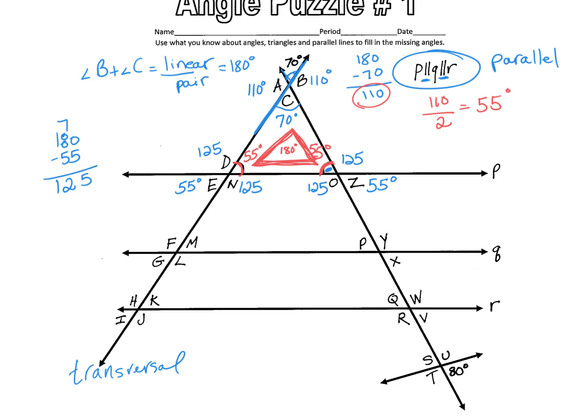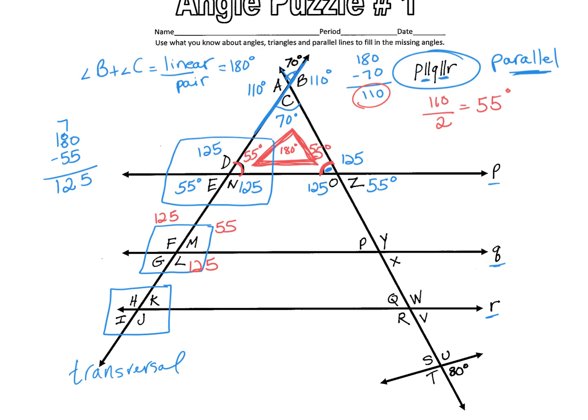So think of it as a copy and paste. I'm literally going to copy my angles here and paste them here and here because the lines are parallel. Essentially, I'm just repeating line P; Q and R are copies of line P. So angle F is 125, angle L is 125, M is 55, and G is 55.